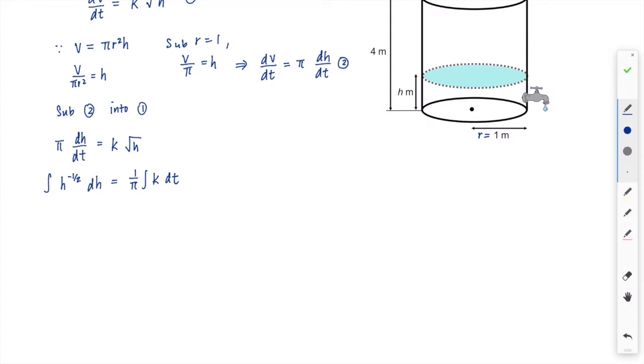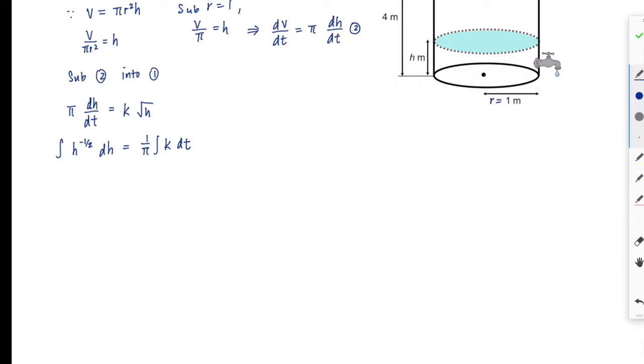Okay, let's integrate. On the left side, I have h to the power of 1 plus negative 1/2, which is 1/2, multiplied by 2 because it's divided by a half. And then on the right, k is constant, so k over pi t plus c.